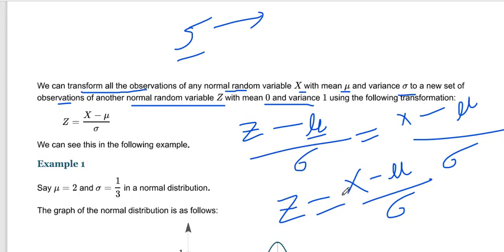Here mu and sigma have to be taken from the normal random variable x. So you can transfer all the observations of the random variable to the standard normal variable z with mean 0 and variance 1. This is an important formula; you have to remember it.